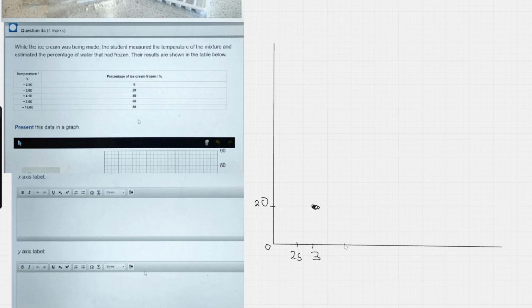At 4.5 we would have 40% of the ice cream frozen. And there's not much to it. You just have to precisely make sure that your points aren't misplaced. And then of course you have to label the graphs.